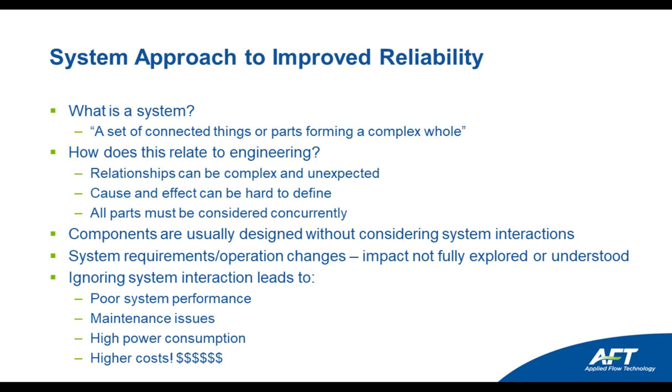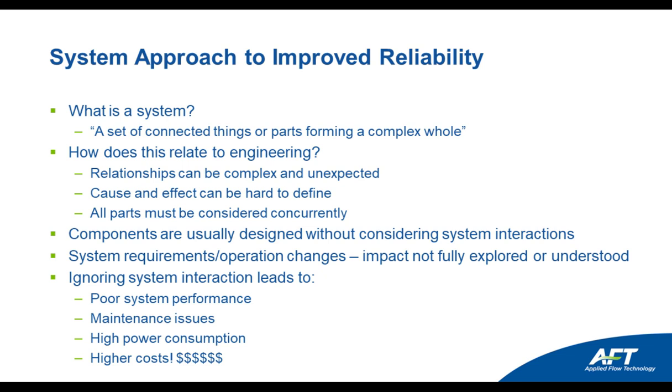Cause and effect can be sometimes difficult to define. It's not always obvious how operation of certain components might interact with others. And then all parts must be considered together. This is necessary to get a full understanding of what's going on.